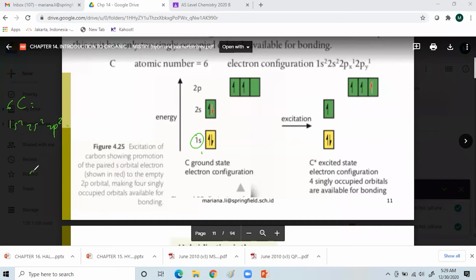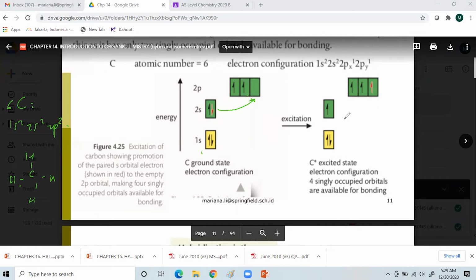You know that in methane there are 4 single covalent bonds, while in this ground state carbon only has 2 single electrons. So that is not enough. What carbon does is excite one of its electrons from the lower energy level to the higher one, from 2s to 2p.